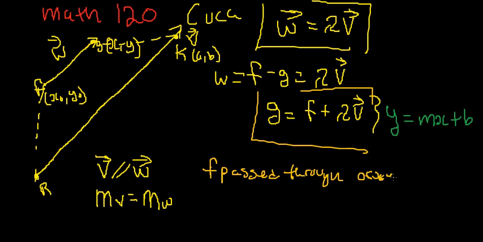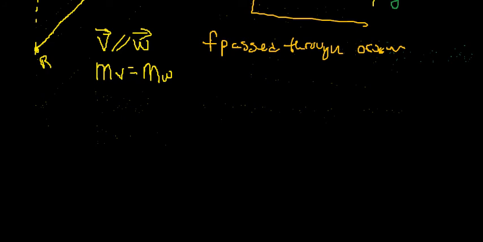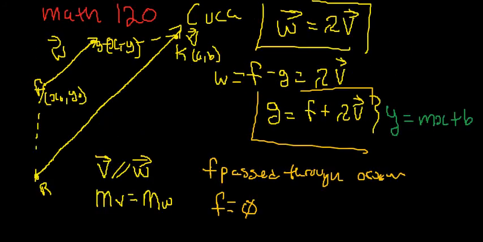What would that mean? What would that do to this equation? Well, what does that mean, first of all? If f passed through the origin, that means that f is equal to 0. And when I say f is equal to 0, I mean this f right here. Well, what does that mean for us? Or why is it equal to 0?